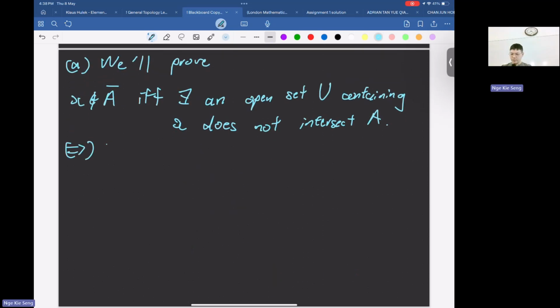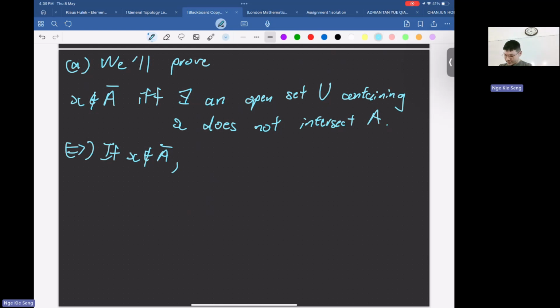So let's do one direction, left to right. If X is not in A bar, what do you do? Okay, I think it makes sense. Let's see, what am I doing here?